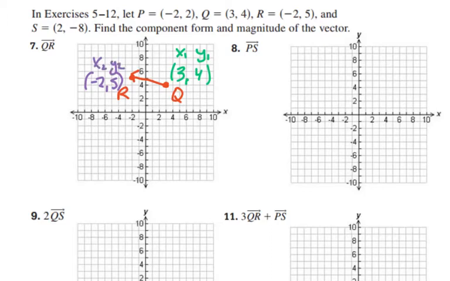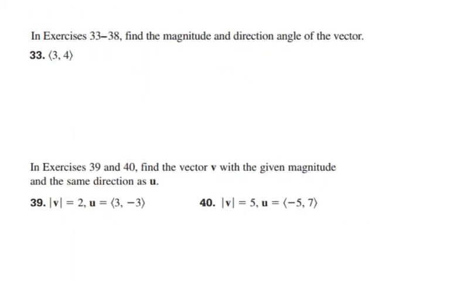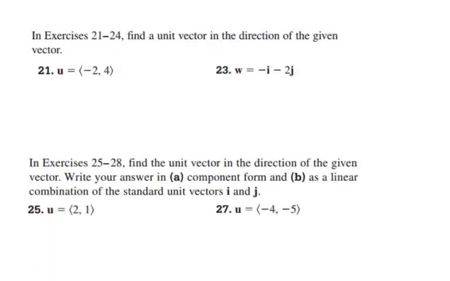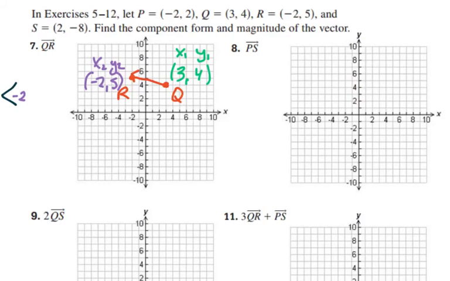And so when we make our component form, we're going to end up with x2, so -2, minus x1, which is 3, and then we're going to have 5 minus 4. Okay, and so we'd end up with the component form vector of negative 5, 1.